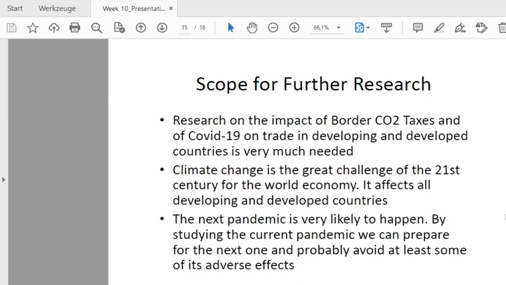So the scope for further research, I think I have already mentioned. We need much more research on the impact of border taxes and the impact of the pandemic on trade in developing countries. Climate change is, of course, a great challenge in the 21st century, and we need to discuss what the impact on developing countries is.